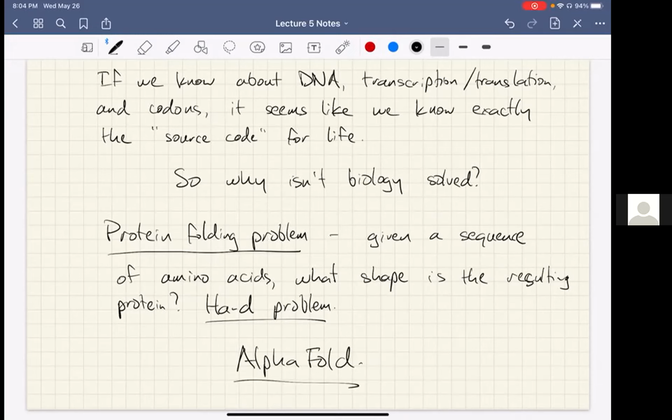So in fact, this part of the problem, which many people have thought was the hard part of the problem, the protein folding problem, looks like it could be on the cusp of being solved. So this is actually quite an exciting time to be interested in communications and information theory at the intersection of biology, just like we're talking about here.